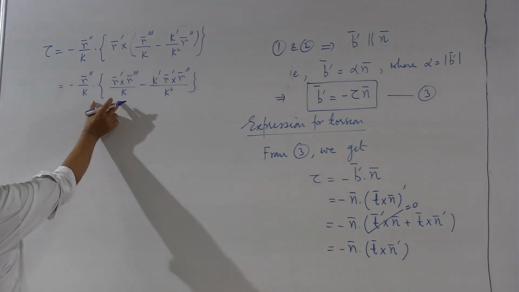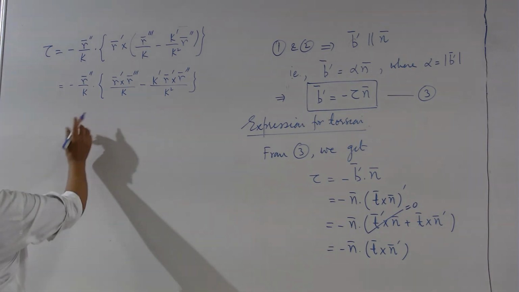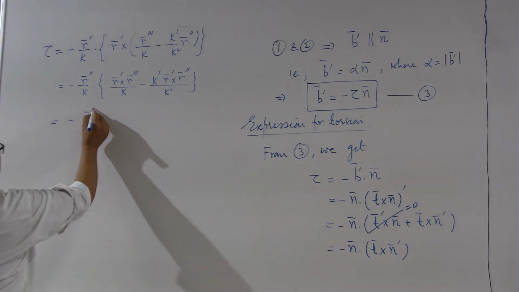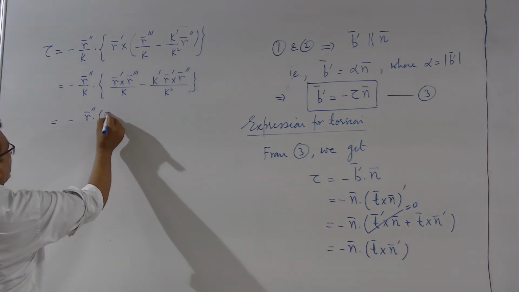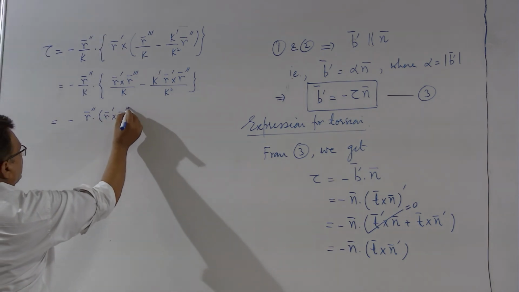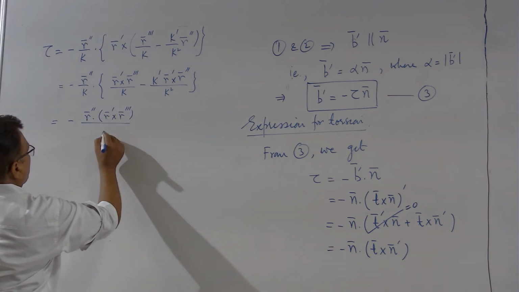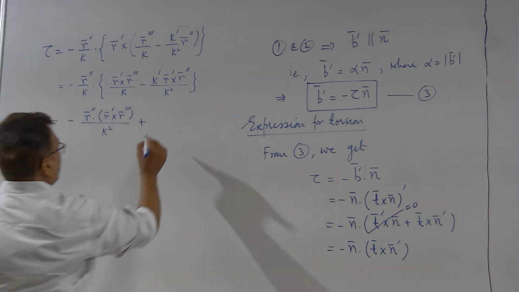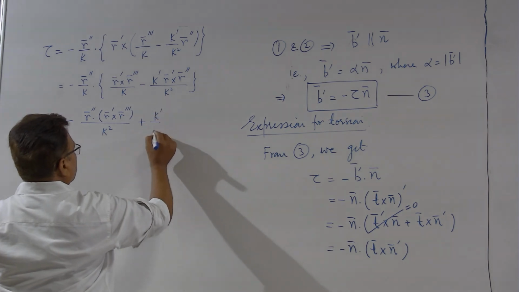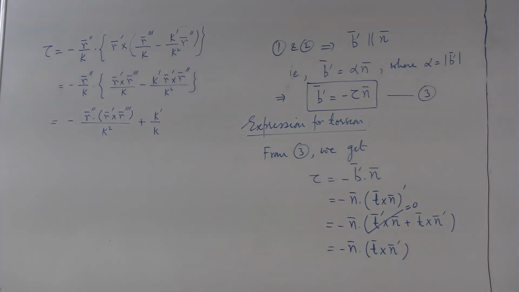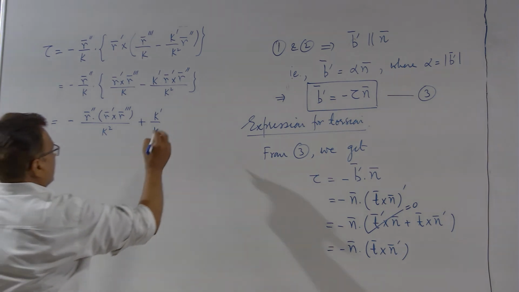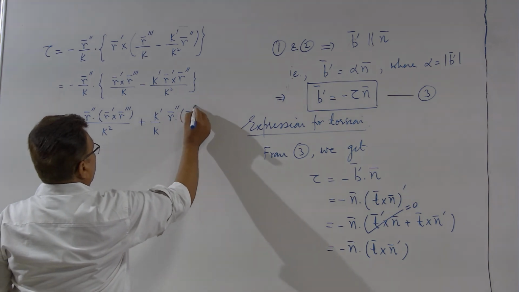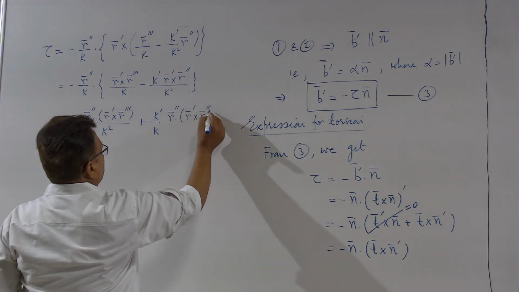When I take this product, it will be a scalar triple product. So, this is minus r double dash dot r dash cross r triple dash upon k square, and then plus k dash upon k square, this is a scalar, r double dash dot r dash cross r double dash.